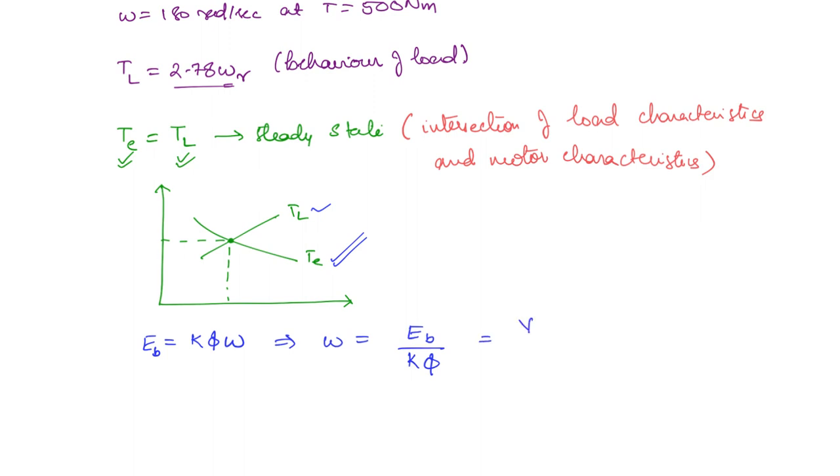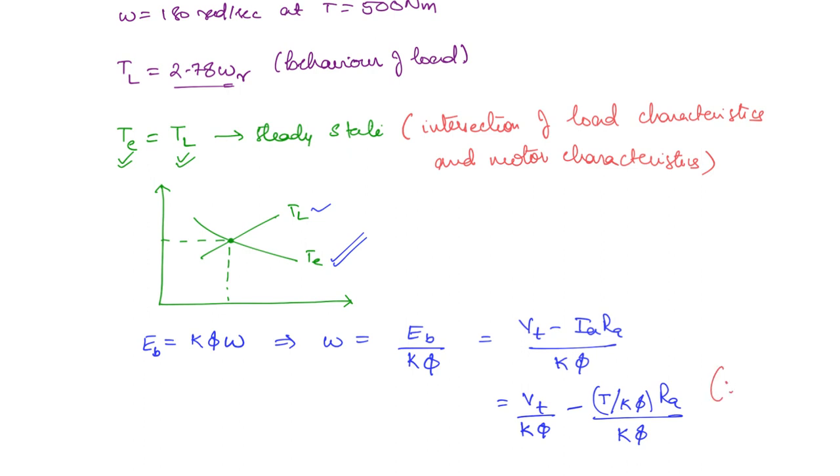Now E_b, once again it is equal to V_t minus I_a R_a, by K phi. V_t by K phi minus the armature current you can represent in terms of torque. So what will it be? T by K phi into R_a divided by K phi. You can write here because torque is equal to K phi into I_a.